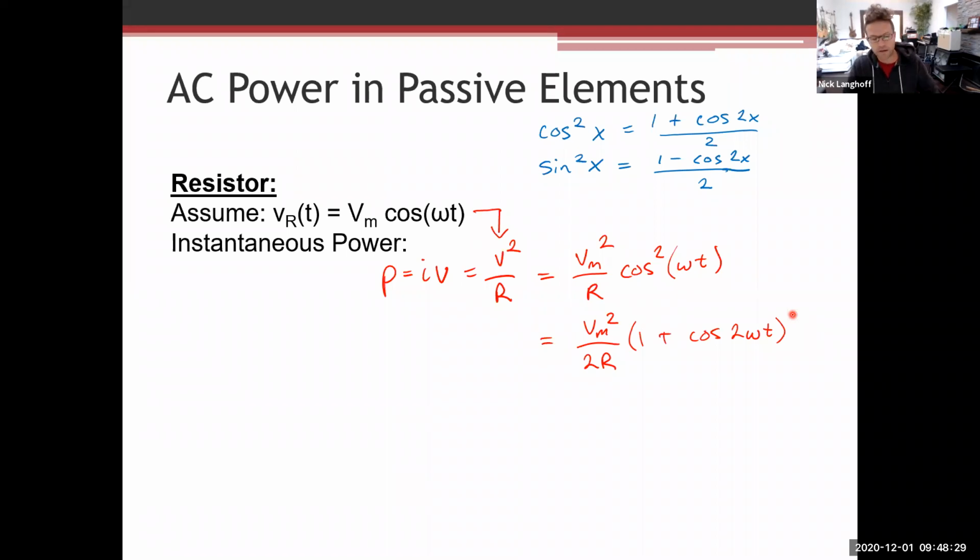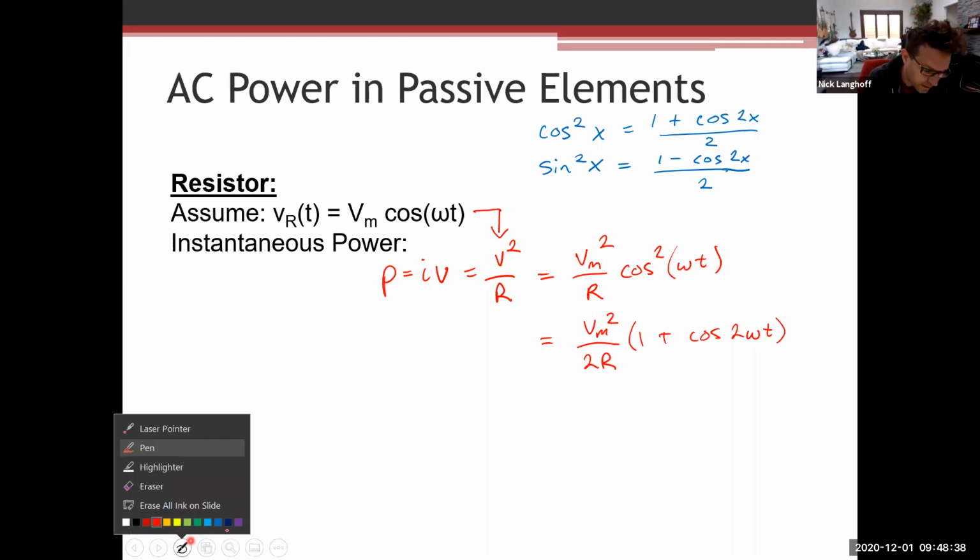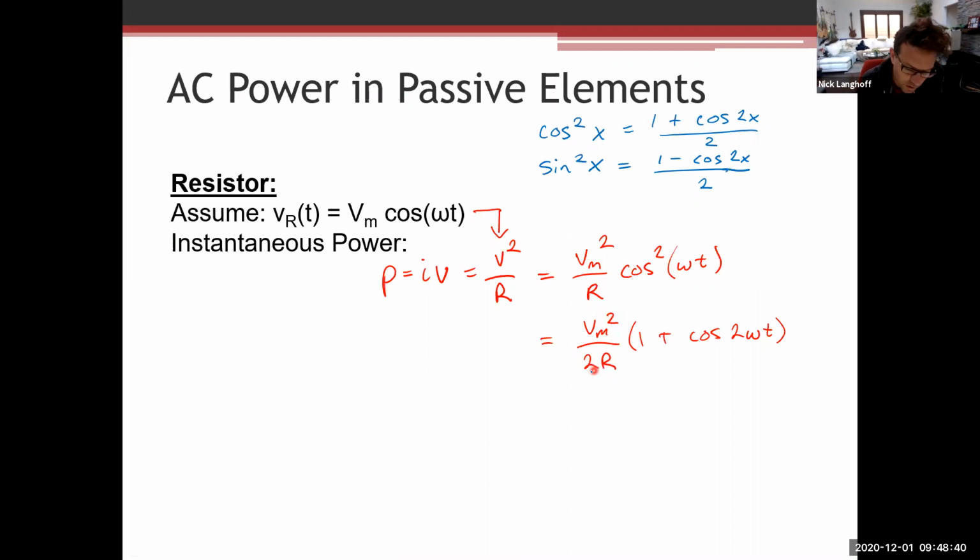So we note that the instantaneous power delivered to a resistor has some DC component. It has some constant component, because this is multiplied by 1, right? There's always an ever-present amount of Vmax squared over 2r, and that's always there, right?